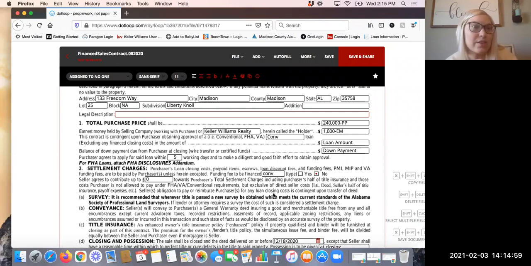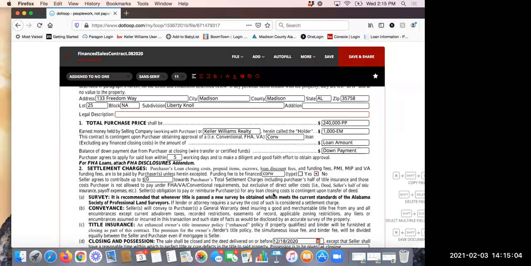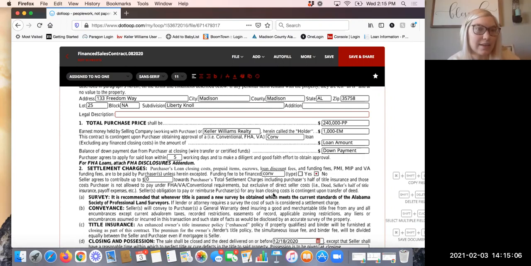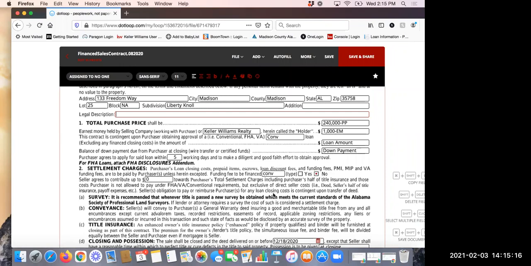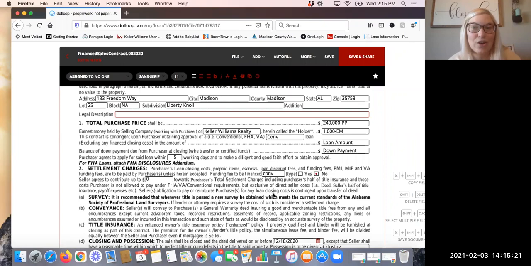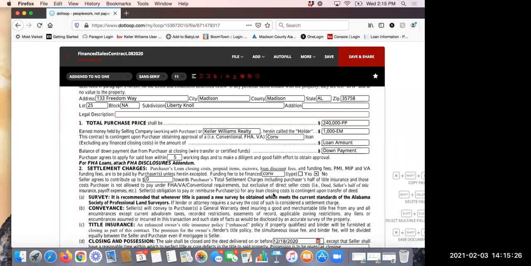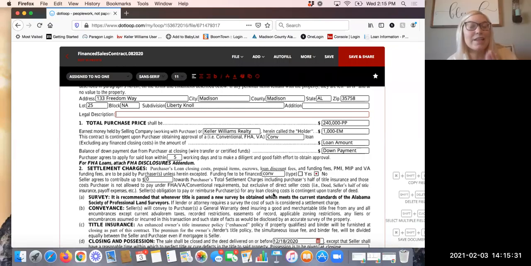Is it a guarantee that they are going to get the house? Absolutely not. Is it a guarantee that if they decide to not buy the house after going under contract, that they get it back? No, absolutely not. Right. So is it a standard amount? Typically, it's $1,000 or 1% of the sale price. Correct. Is it required? No.